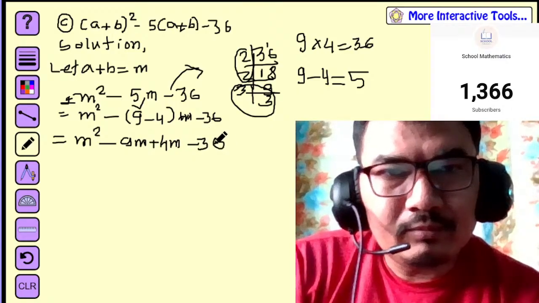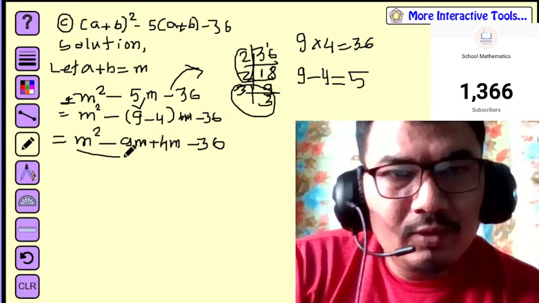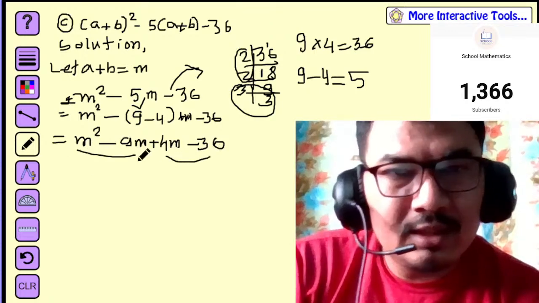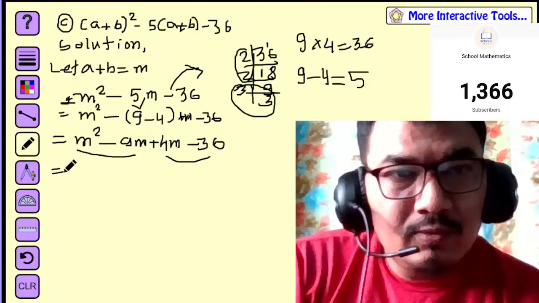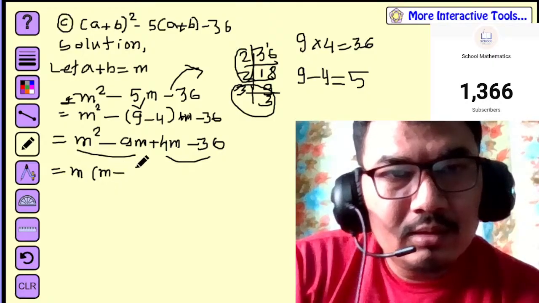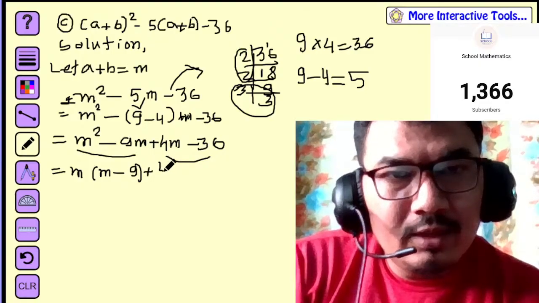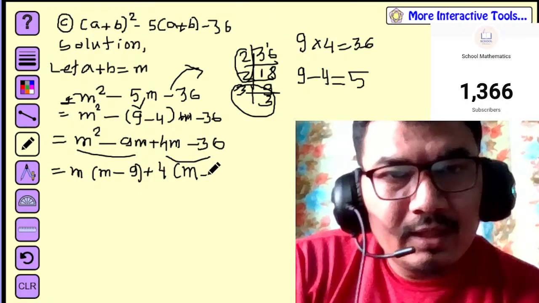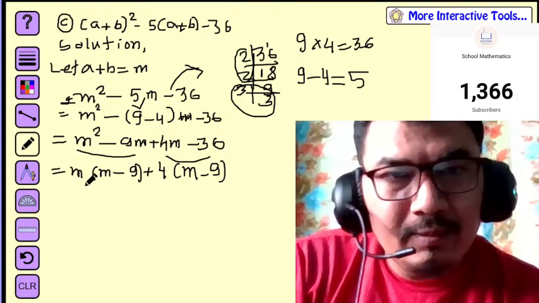Now children look, it became 4 terms. This is the first two terms, this is the last two terms. Now let's take common from these two terms, m is common, then m minus 9 remains in the bracket. Now here is the plus sign, that's why take 4 common, here m remains, and 4 9s are 36, so 9 remains.